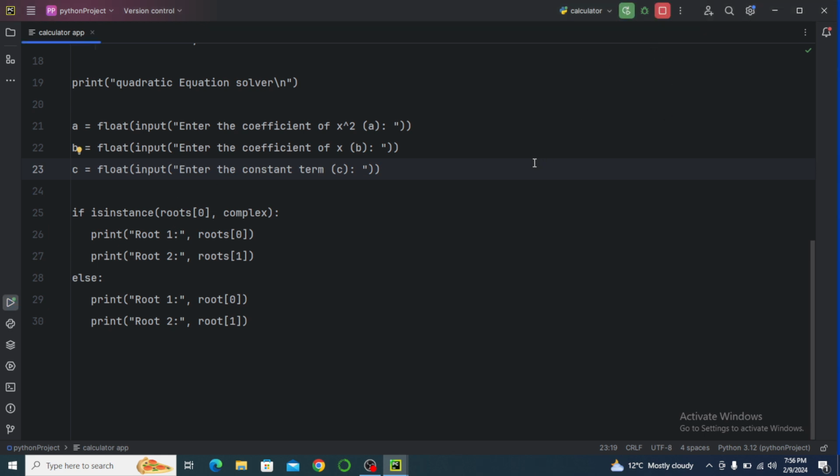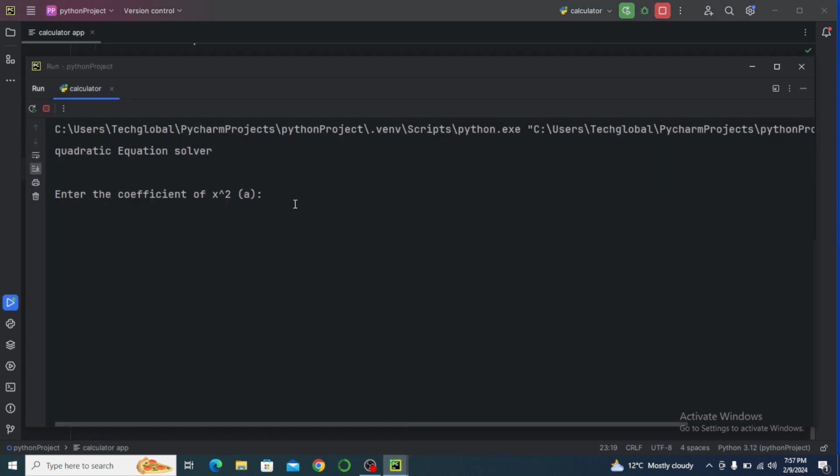I should run our code again. Enter coefficient 34, let's say 5 and then 6.